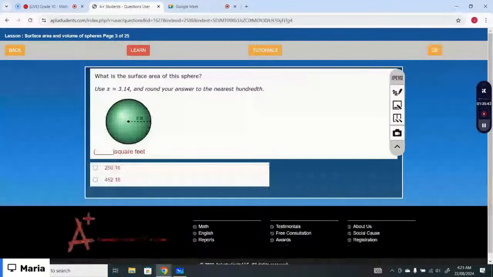Okay, what is the surface area of this sphere? So you have to use the formula that is 4 pi r square.